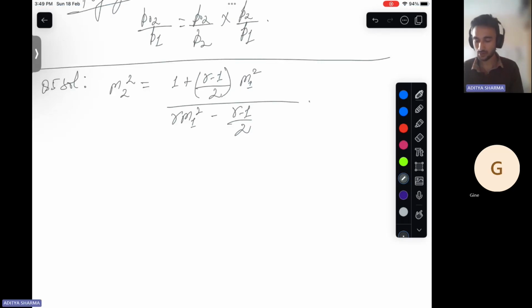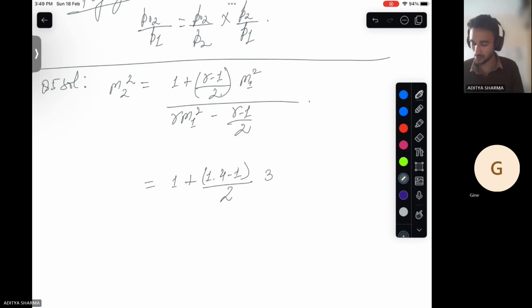Okay. So this is the expression for Mach across a normal shock. What is gamma? Gamma here is 1.4. What is M1?